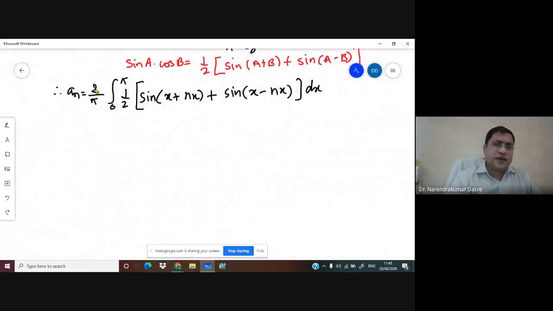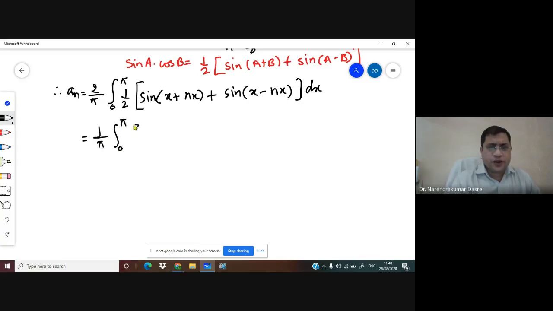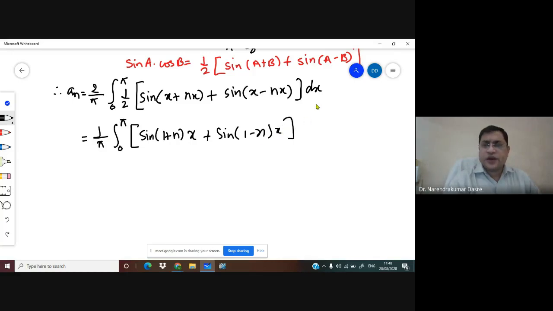So we can see that this 2 and this 2 will get cancelled, and hence we have 1 upon pi integral 0 to pi sin of 1 plus n x plus sin of 1 minus n x, and this is going to be dx.